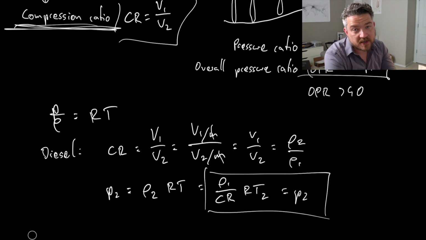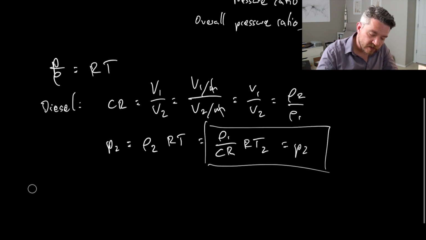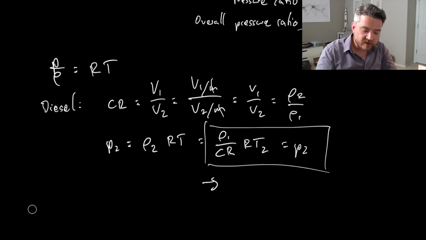So we have a partial success. We can write a relation between the pressures and the temperatures after the compression, but we're not able to calculate that from first principles just by knowing the compression ratio. And the problem is that we have an infinite number of combinations of temperature and pressure that all fulfill this equation.